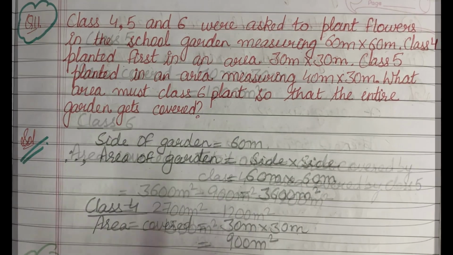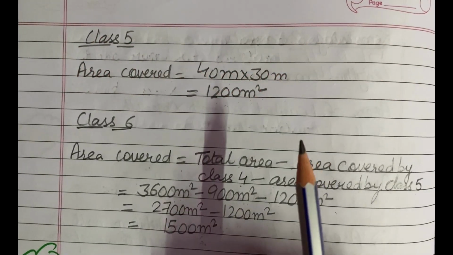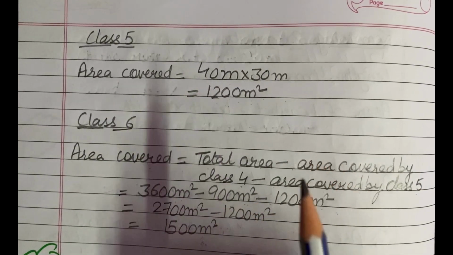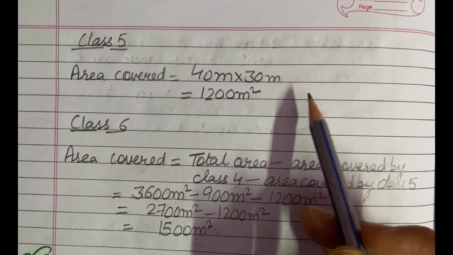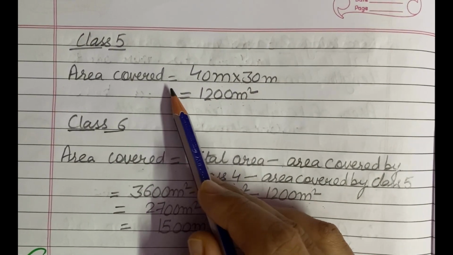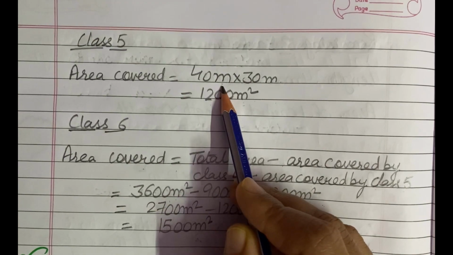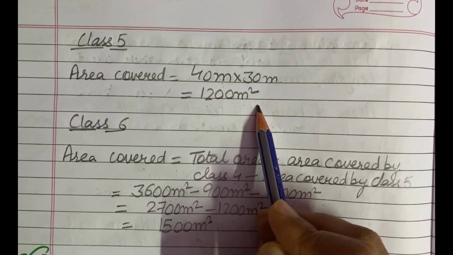After finding the area planted by class 4, we will find the area planted by class 5, and they have covered the area measuring 40 meter by 30 meter, and on multiplying it we will get 1200 meter square.